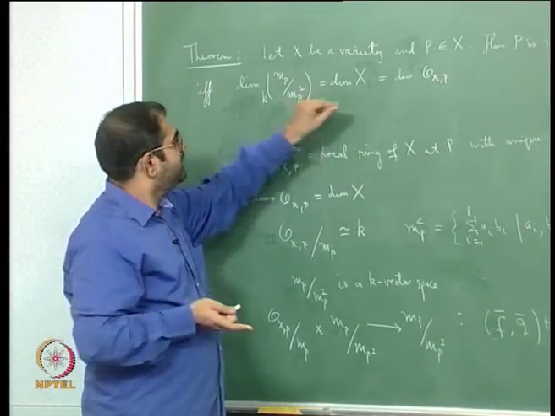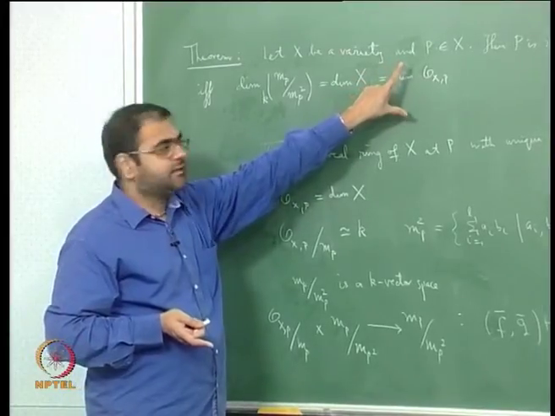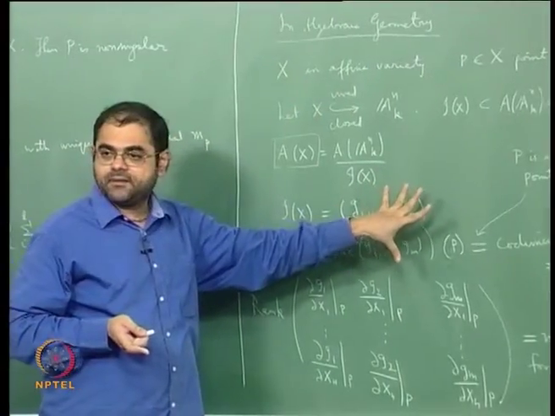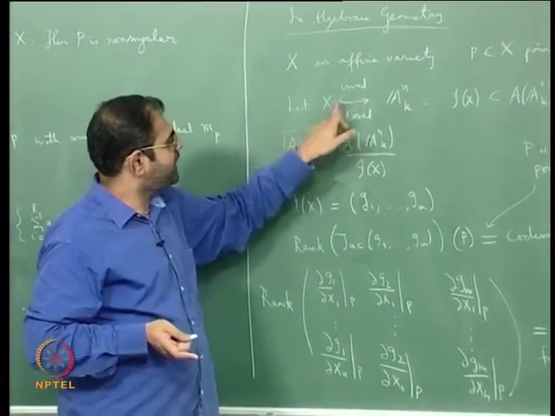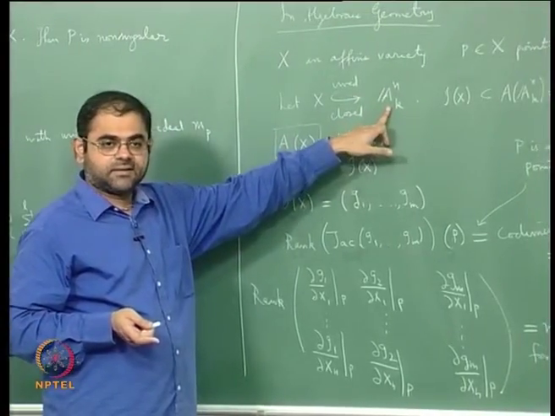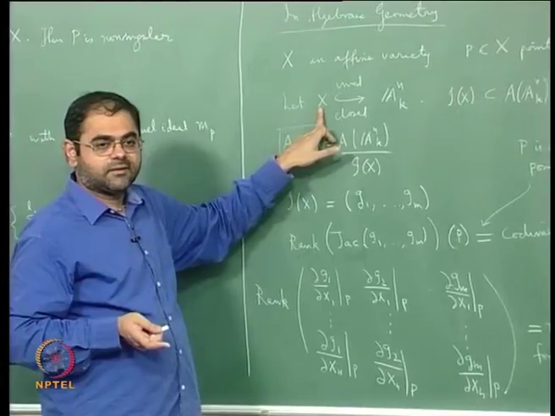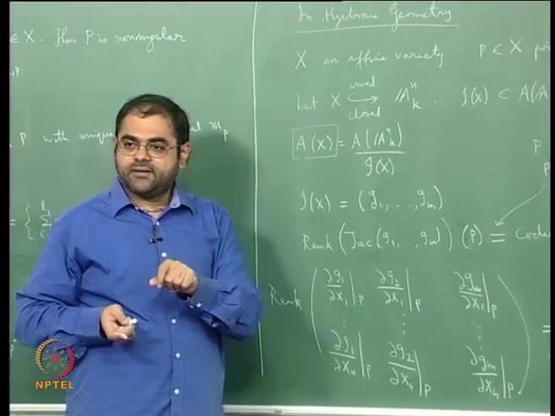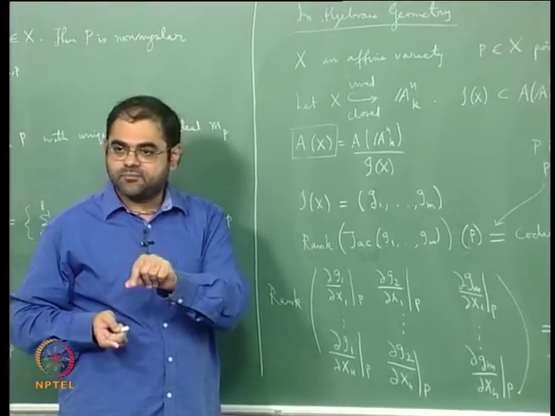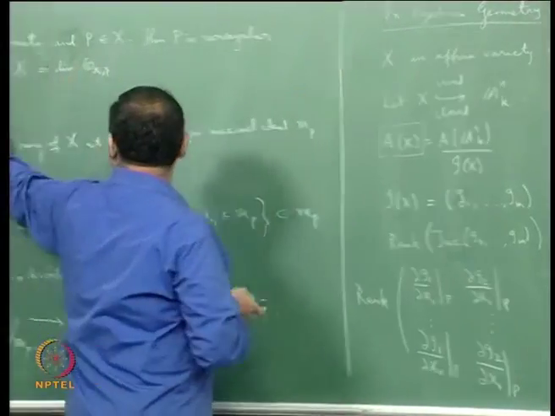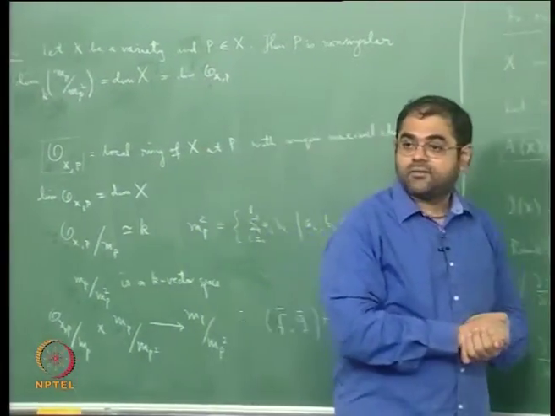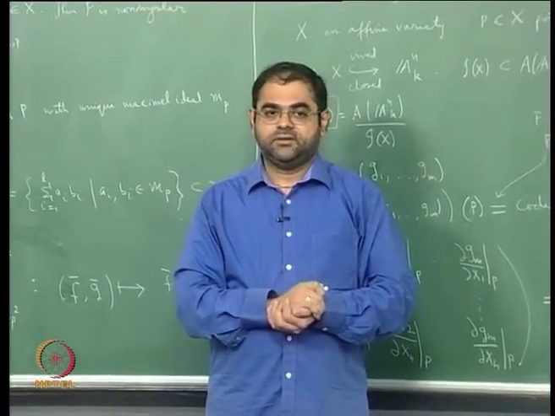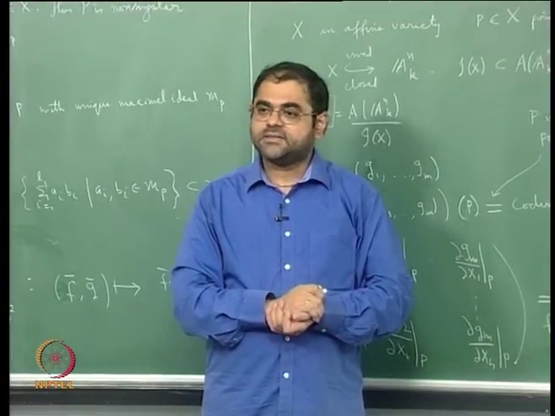Then the other fact is that this definition is independent of the embedding of X in affine space. If X is an affine variety, then a point of X being smooth is a condition which is intrinsic to the point, because that condition only depends on the local ring at that point, and the local ring at a given point is invariant, it will not change no matter how you embed your variety.